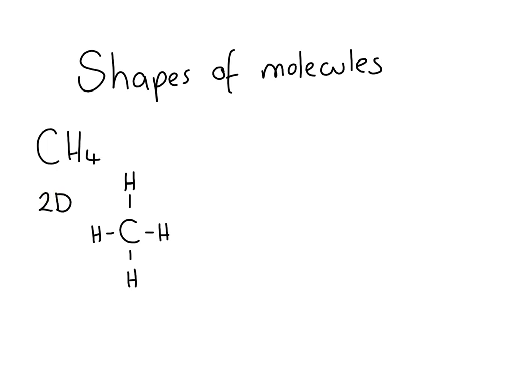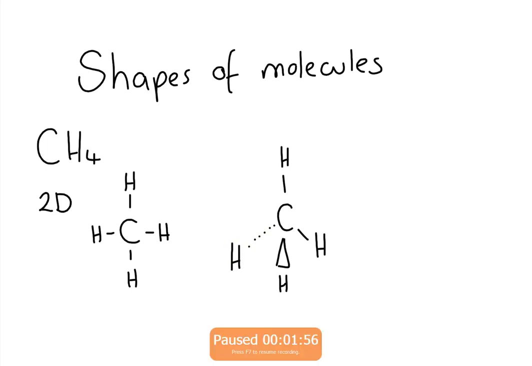Now when you look at your notes, there is an example of methane and you might have seen that this was drawn slightly differently. So we still had the carbon in the middle, we still had one hydrogen like that, we had one like that, and we had one like that.